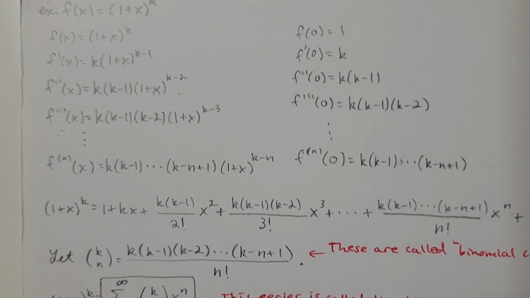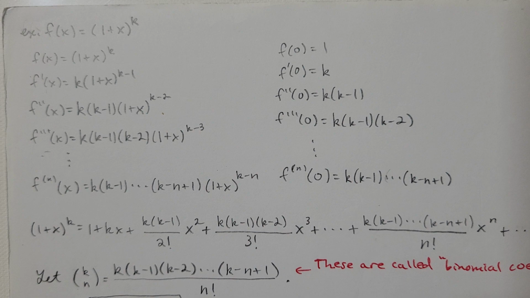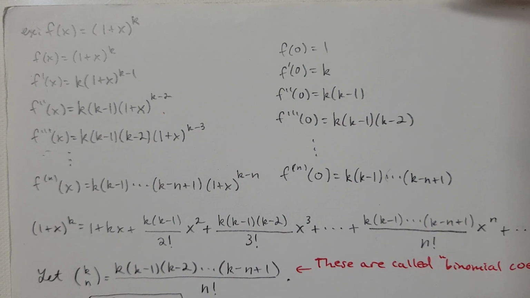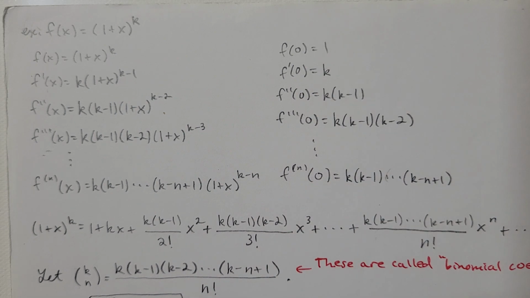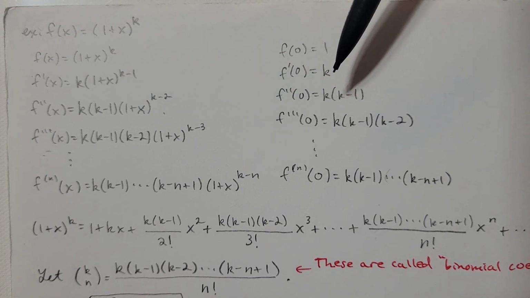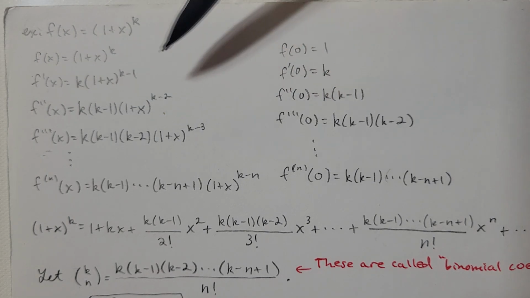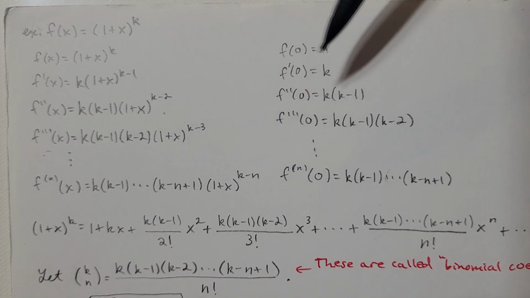Okay. Now let's go ahead and plug in 0 into these functions. So f of 0 is 1 to any power, which is always 1, right? F prime of 0 would be k times 1 to any power, which is 1. Okay. F double prime of 0 would be k times k minus 1 times 1 to any power, which is 1, right?